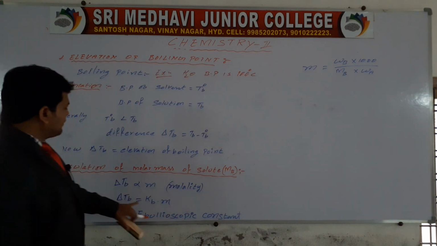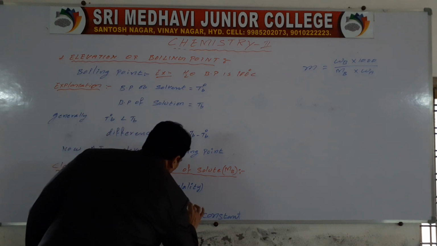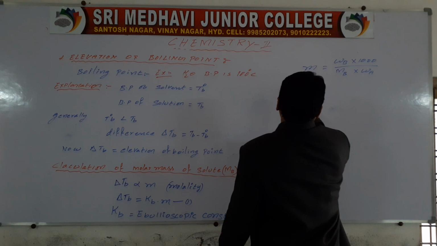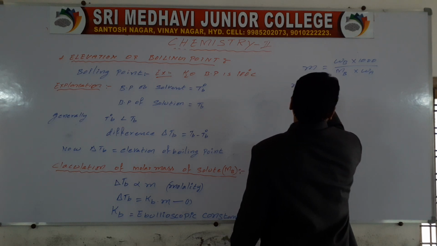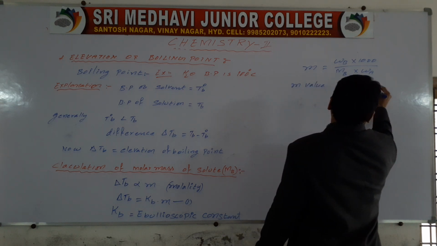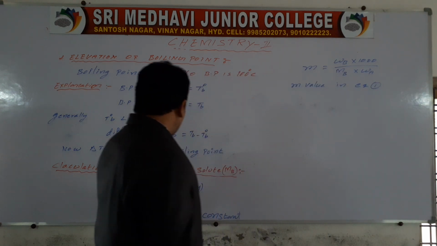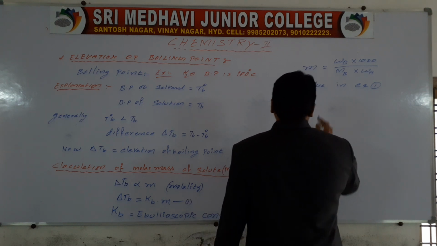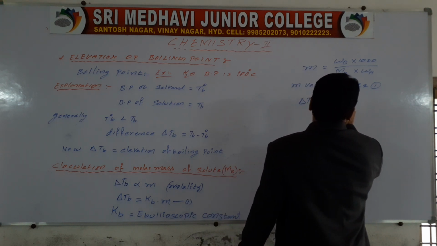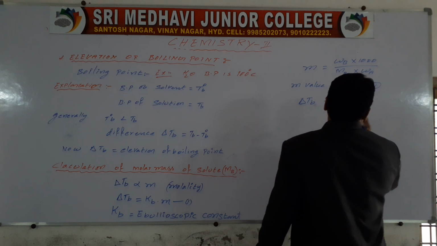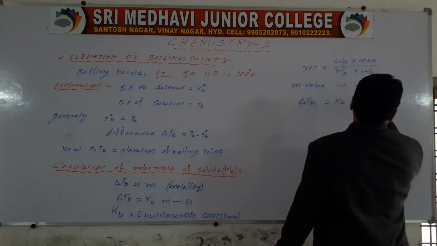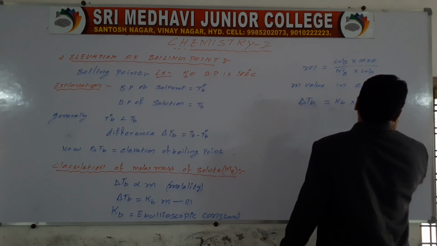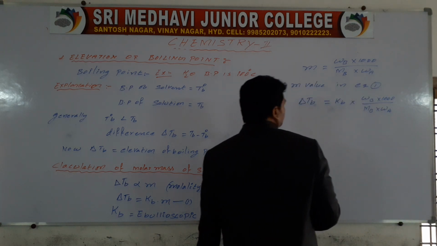So I am writing the m value in equation 1. Then delta TB is equal to KB into WB into 1000 by MB into WA.